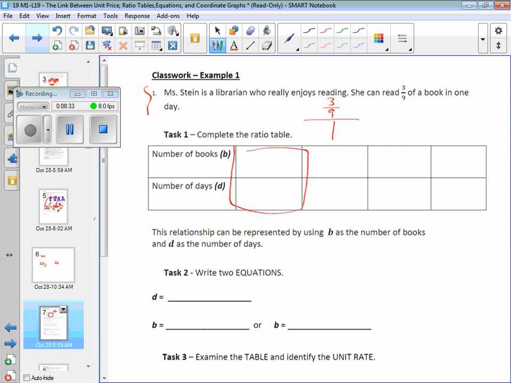Number of books is 9, and number of these 3. What else? 1 to 3 to 1. 1, 2, 3 to 1? Yeah. Okay.